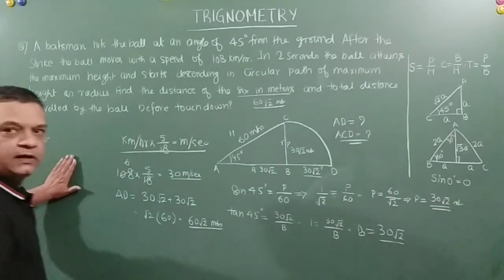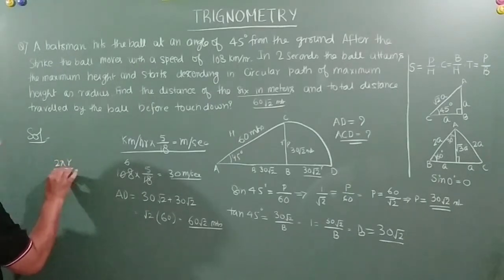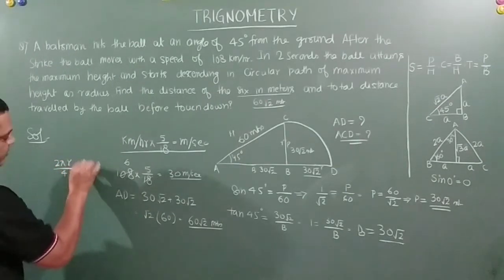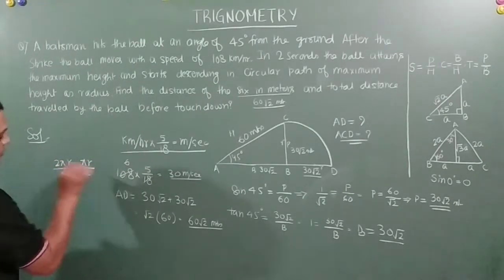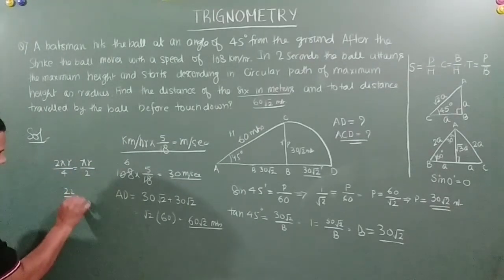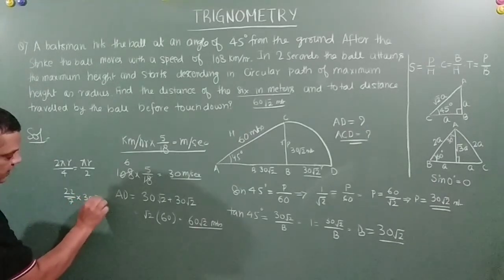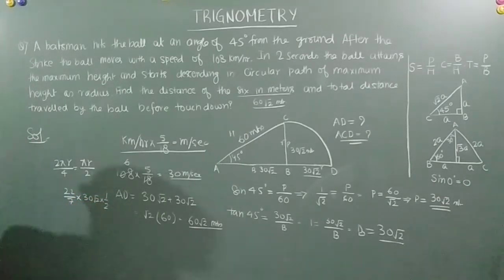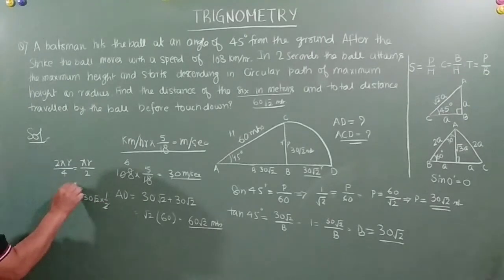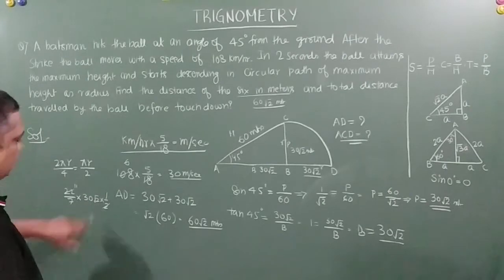We'll do it here. So 2 pi r divided by 4, or we can say pi into r divided by 2. Cancelling it out, so 22 by 7 into r, which is 30 root 2, into 1 by 2. Right? So this 11. So this is 330 root 2 by 7.